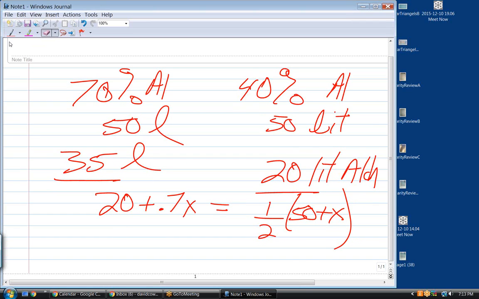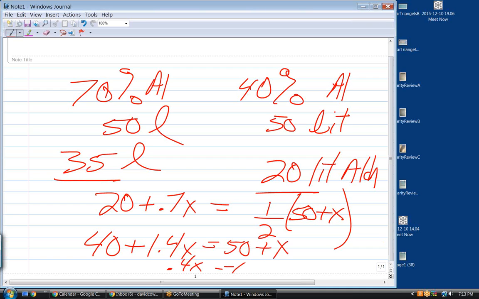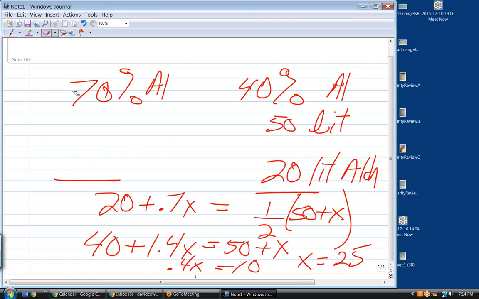And let's see, what do I got? I've got 40 plus 1.4x equals 50 plus x. So 0.4x equals 10. X equals 25. Now, does that work? In other words, that's how much 70% solution I need to add. Okay, let's see if that works. If I add 25 liters of this, I will be adding 15 liters of pure alcohol.